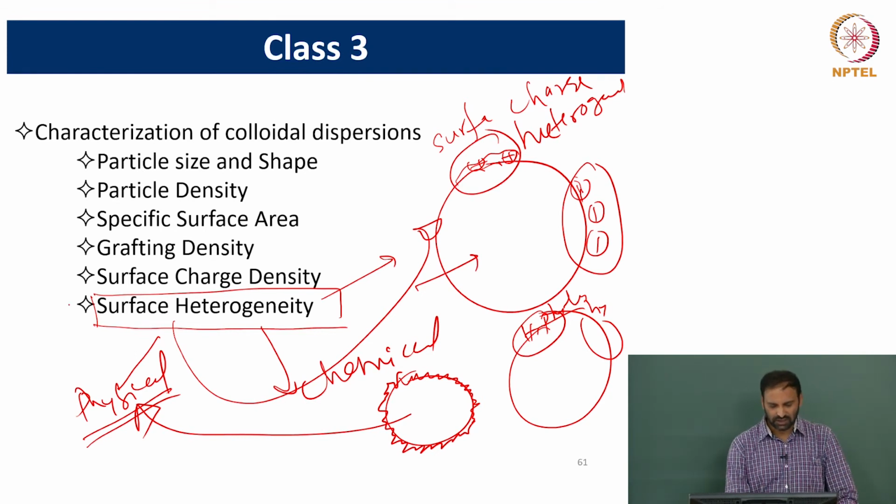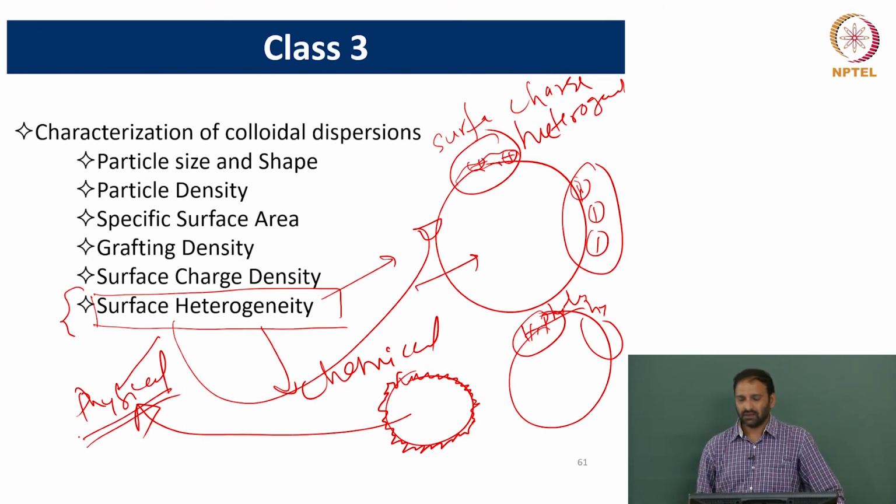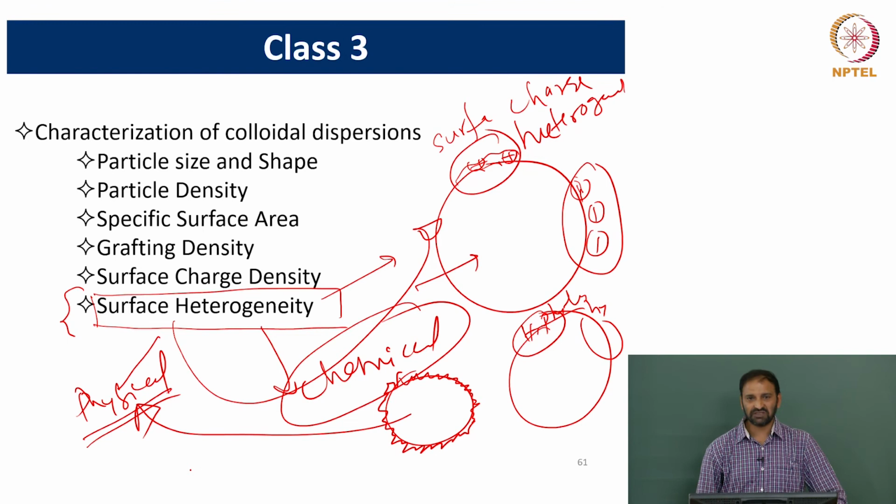The last point is a bit more complex to characterize. Of course, there are indications in the literature as to how to characterize such things, especially chemical heterogeneity. The physical heterogeneity, the surface roughness, you know how to do it. However, chemical heterogeneity is still something that people are trying to study.